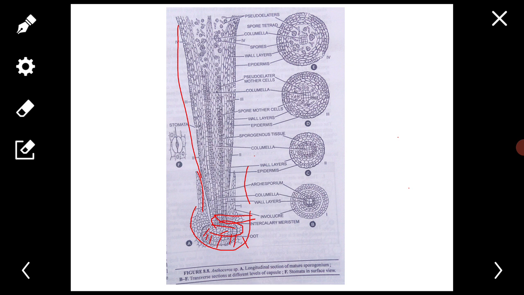The capsule thus grows constantly, for a longer period, by the activity of the basal meristem. Due to the activity of the basal meristem, all the developmental stages can be seen in the same capsule, that is this same capsule.